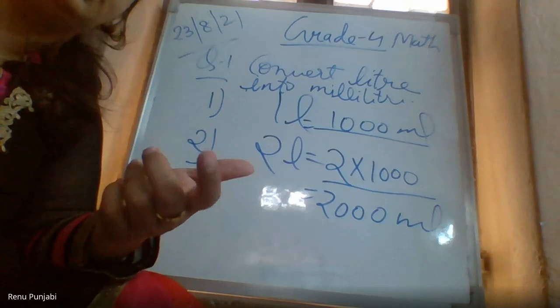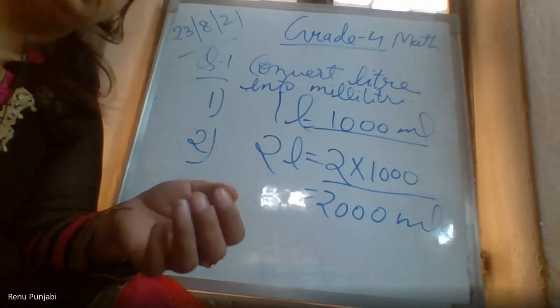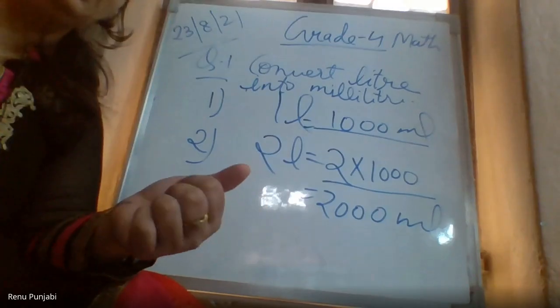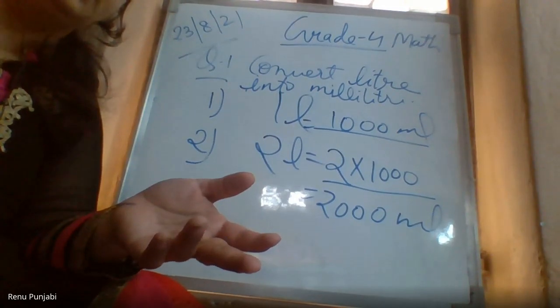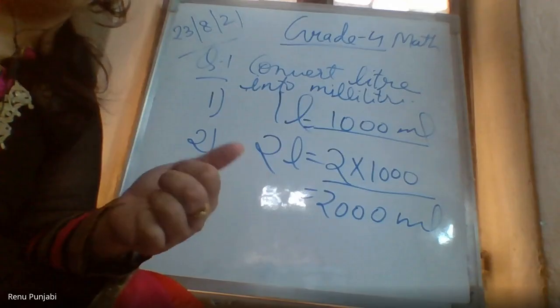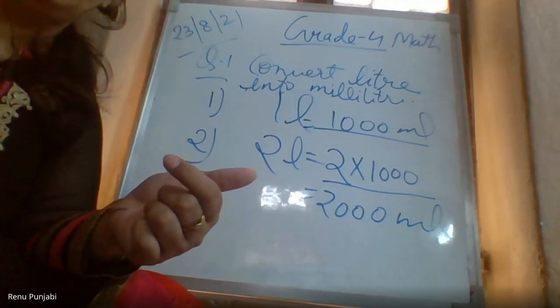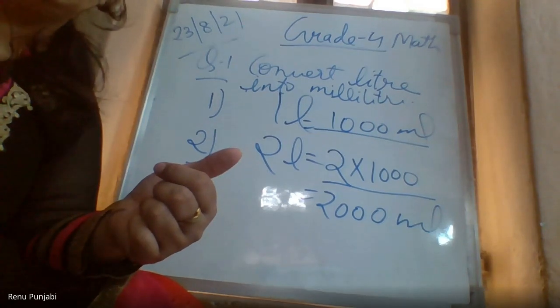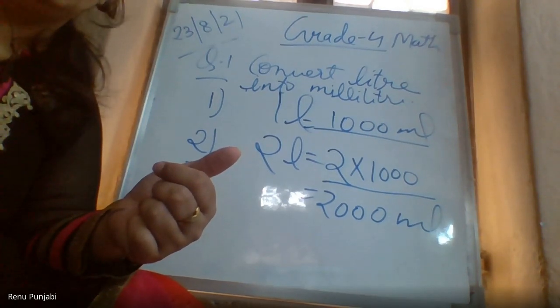Use another number. 12 liters equal how many milliliters? 12,000 milliliter. Next. 25 liter equals 25,000 milliliter. Very good. 17 liter is equal to 17,000 milliliter.